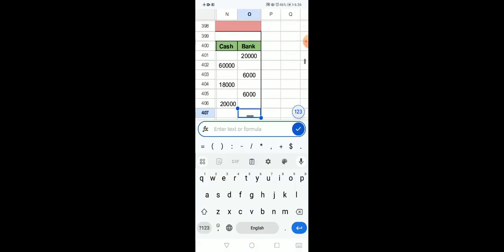Let's see what is next. In 24th entry there were two elements. We have posted cash on credit side. Now bank is also credited by 14,000, so you will go to the bank side and write 14,000 over here, or you may choose the same line. Why? Because you can see over here in our entry what is happening.